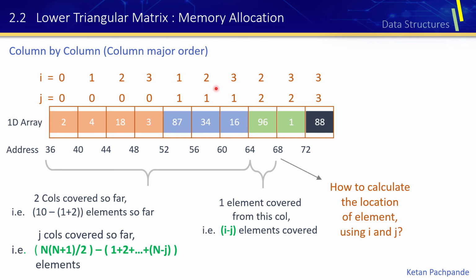Let's take another example. If I say 2, 2, 2 minus 2 is 0, which means this is the first element in that column. In other words, 0 elements have been covered so far in this particular column. So the simple formula to calculate the number of elements covered in this particular column is i minus j.